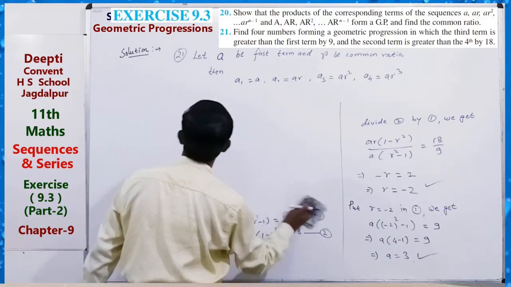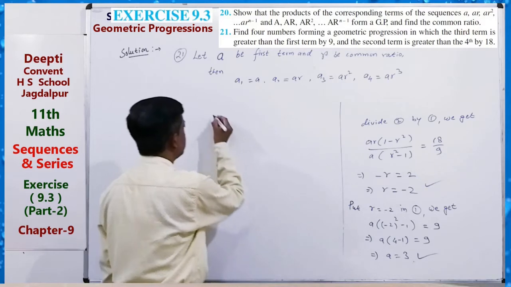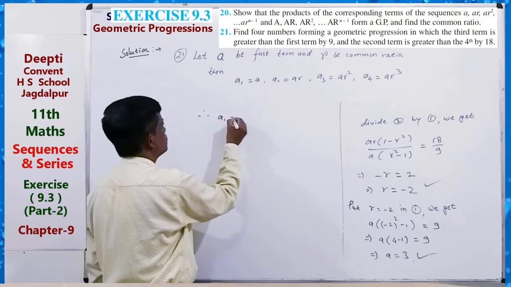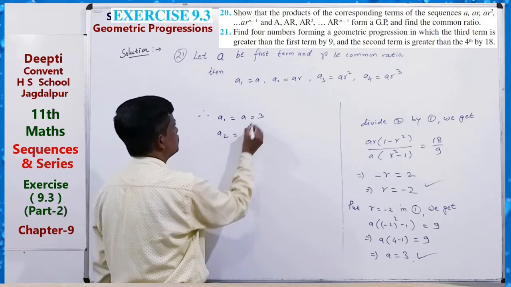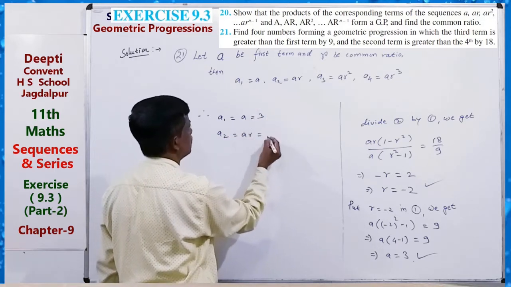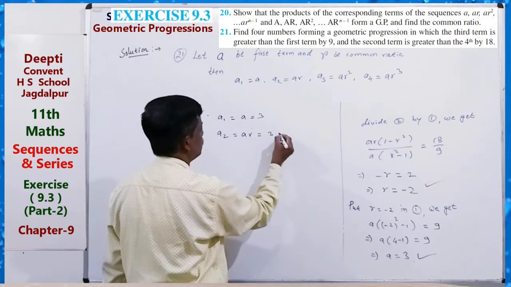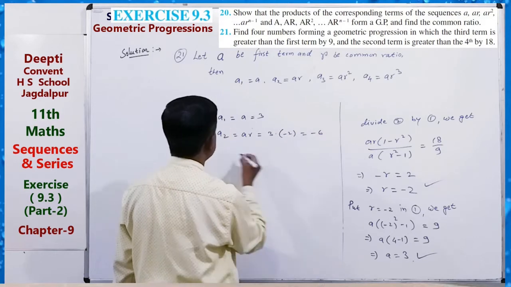Just write the values here. Therefore, A1 equals A equals 3. A2 equals AR, which is 3 into minus 2, minus 6.